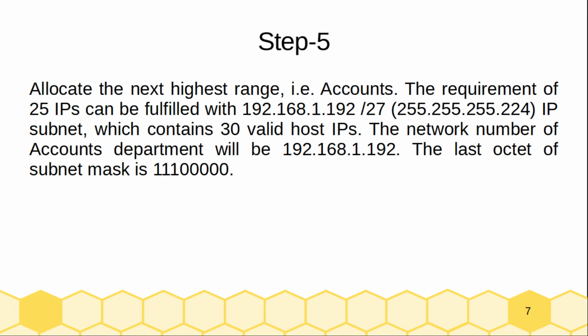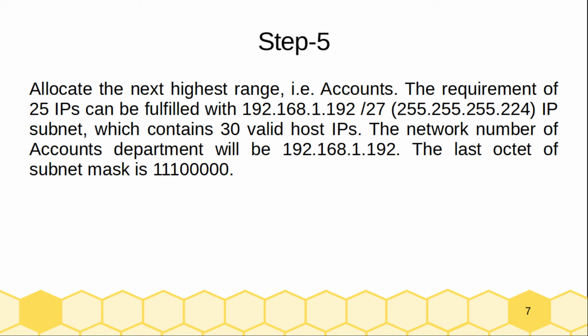Step 5, allocate the next highest range to the account department. The requirement of the account department is 25 IPs, which can be fulfilled with /27 and the respective subnet mask 255.255.255.224, an IP subnet which contains 30 valid host IP addresses.